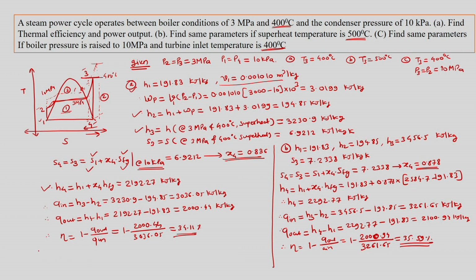So we can make a small conclusion over here. If we compare example A and B, then X4 increased since we have T3 increased.